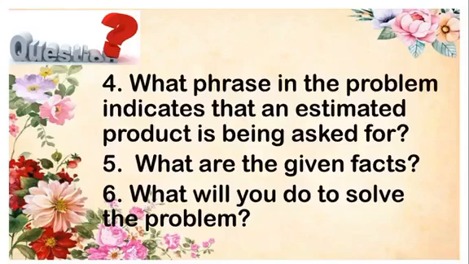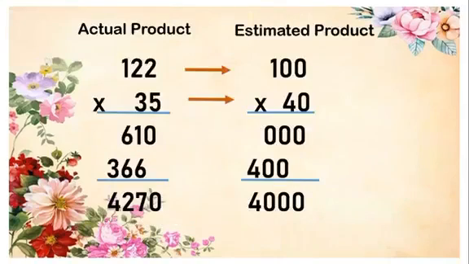Now let us solve it by using the data given. Here, I am going to show you the actual product and the estimated product. Let us discuss first the actual product.